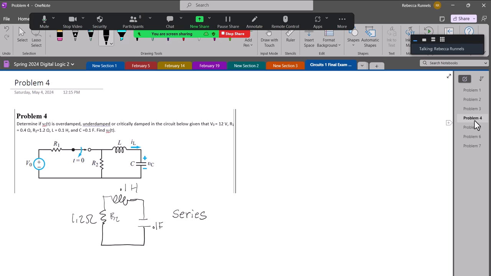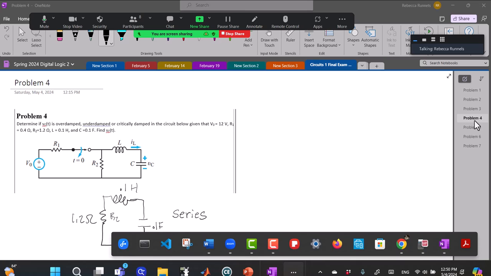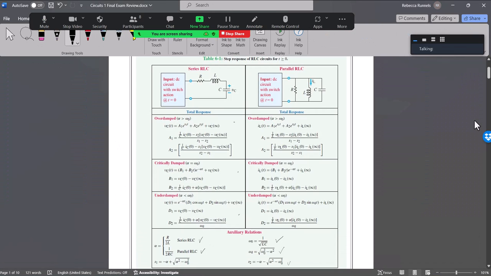So the first thing we do is we compute alpha and omega naught. It's series, and so for series, I see that alpha is R over 2L.